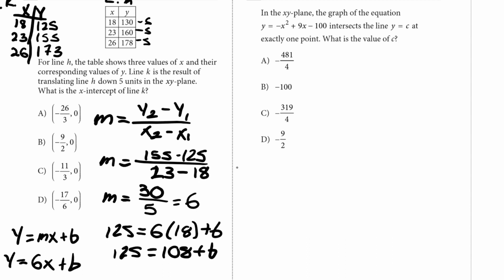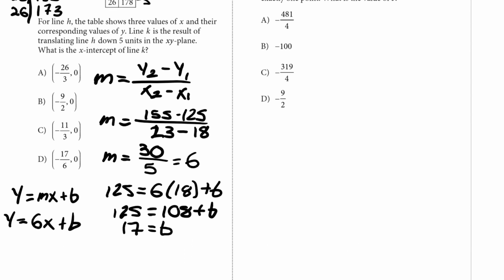To get b by itself, we will subtract 108 on both sides. 125 minus 108 is 17. So we get that b equals 17. So our equation is now y equals 6x plus 17.